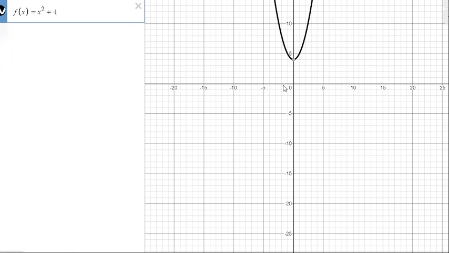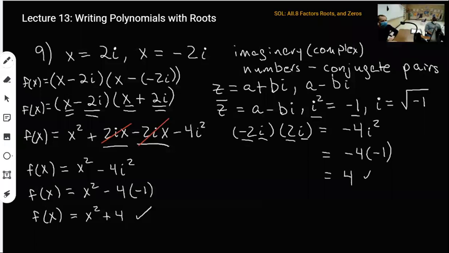So what does that mean? It doesn't have any roots. It doesn't have any x-intercepts. Well, yeah, it doesn't have any x-intercepts because it never crosses the x-axis. But it still has two roots, right? The roots are going to be 2i and negative 2i. But the roots are imaginary.